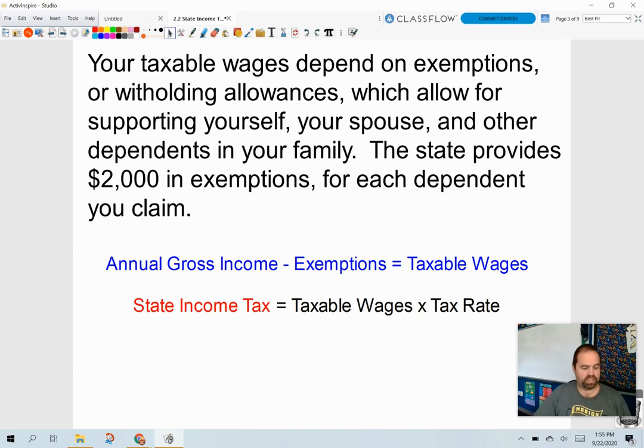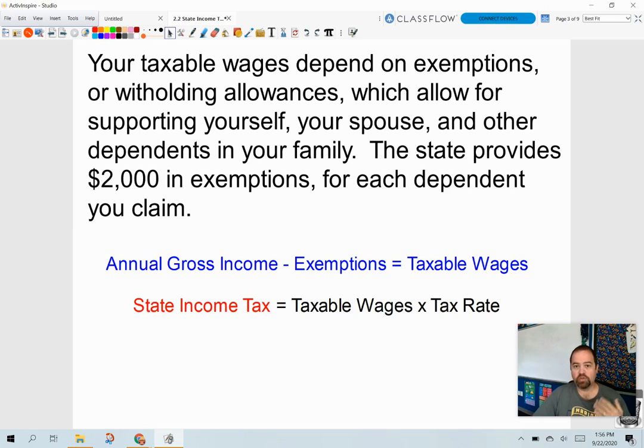So the way this works is you are given basically credit for allowances or exemptions that you claim for dependents living in your house. So, for example, I'm married, so I can claim an exemption for myself and my wife, and we have 3 kids.